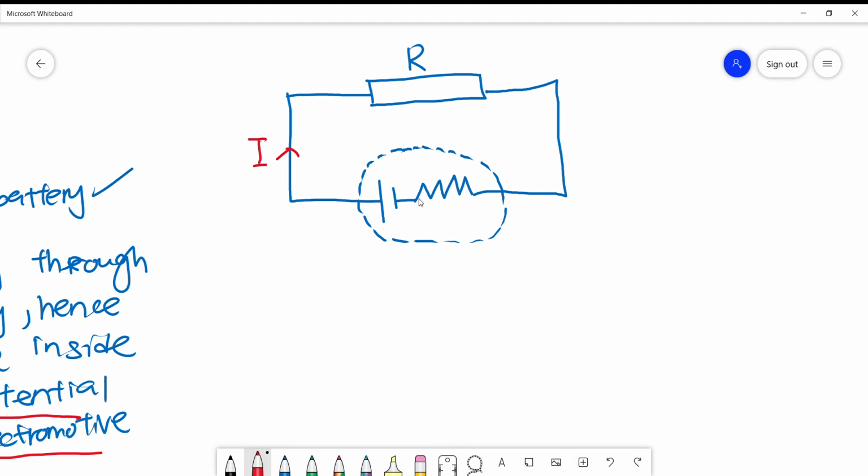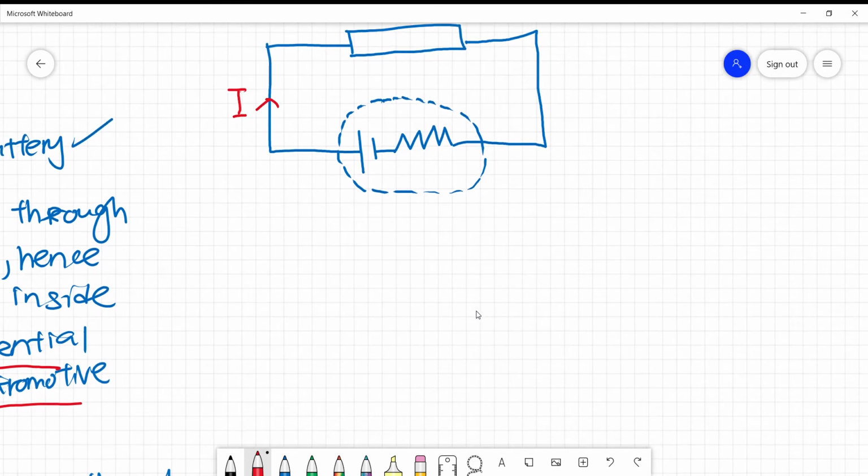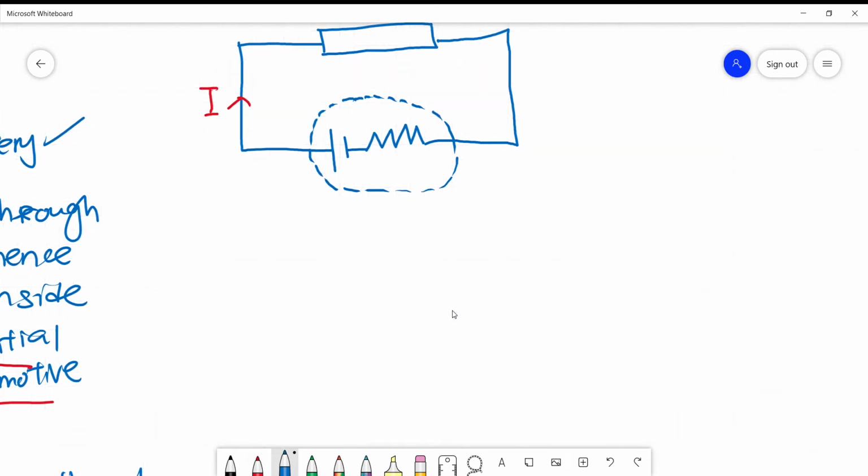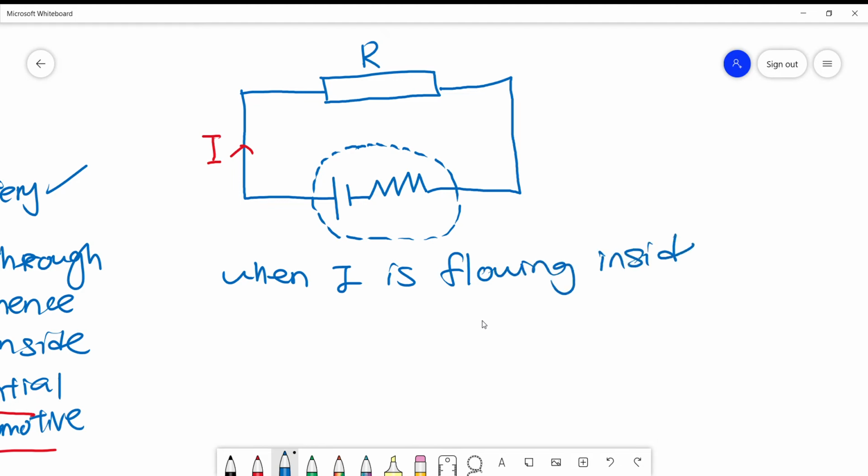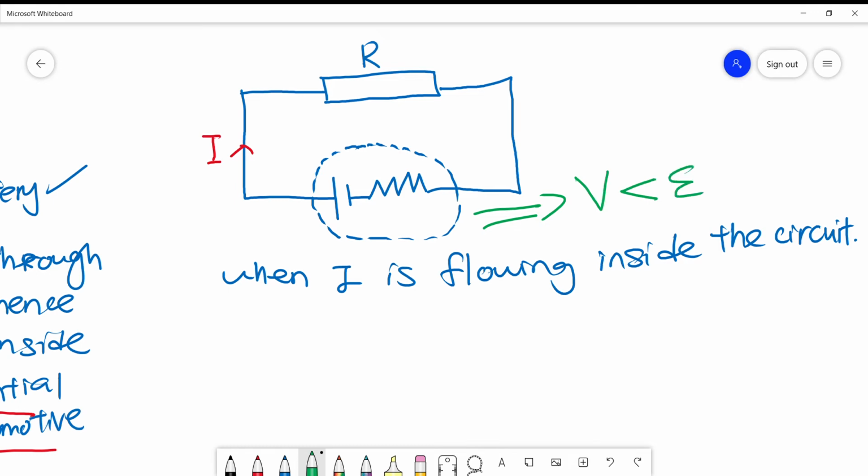Alright, when the current I is flowing inside the circuit, it means that our terminal potential difference is less than the electromotive force.